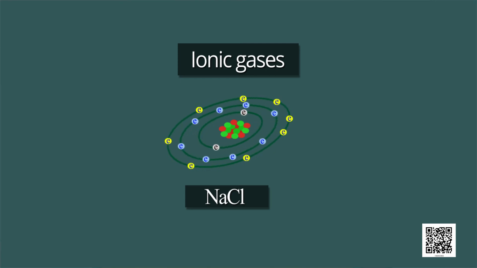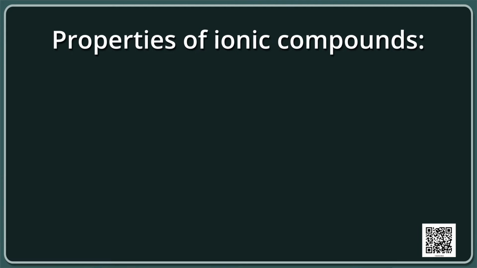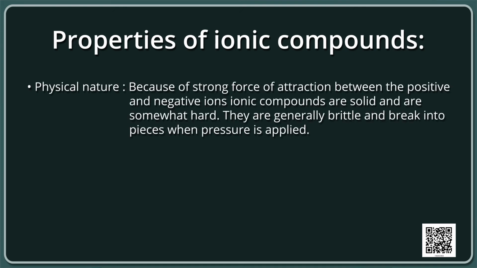The outermost shell of atoms of metals have 1, 2, or 3 electrons, which they easily lose to form positive ions or cations.